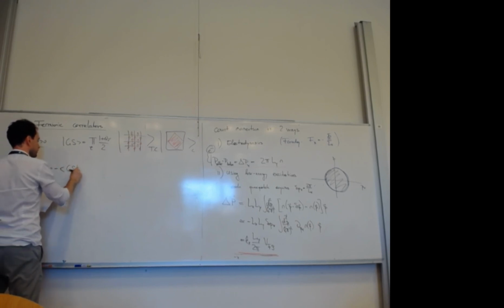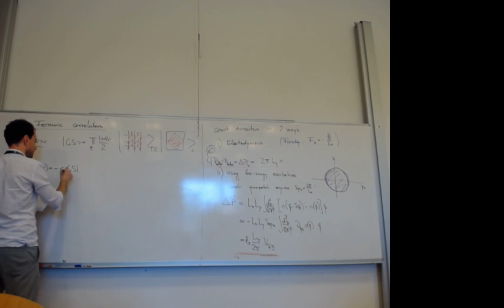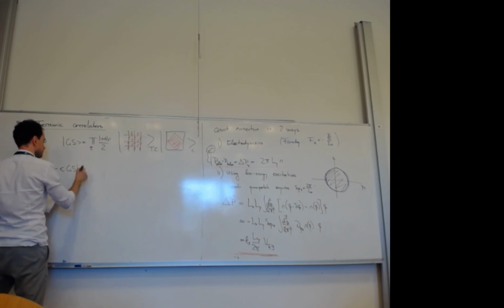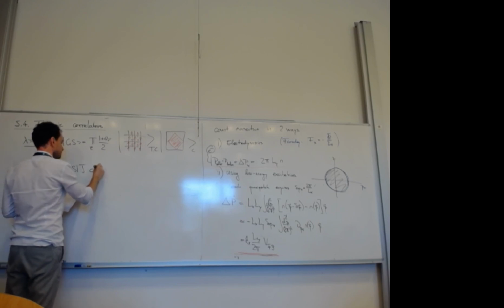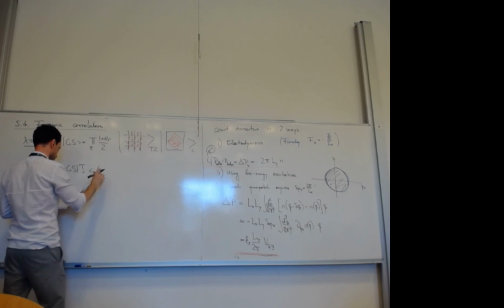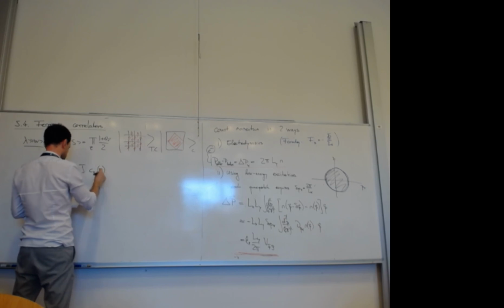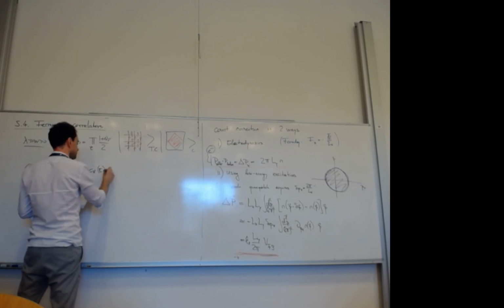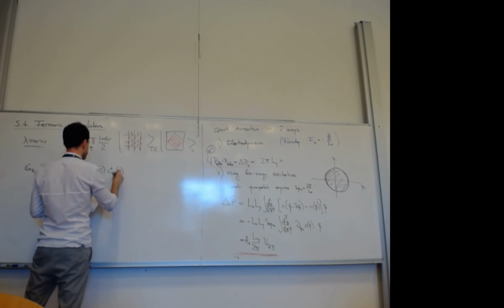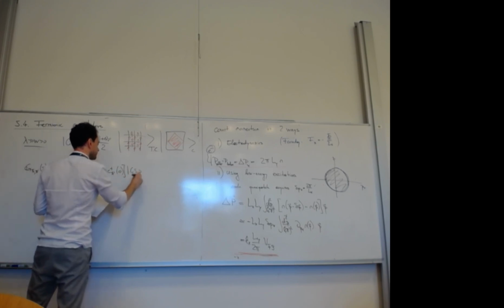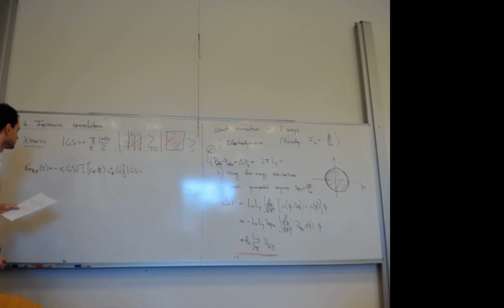Just the expectation value, time ordered, of C at x now, C dagger at x prime now equals 0, in the ground state. What is this?